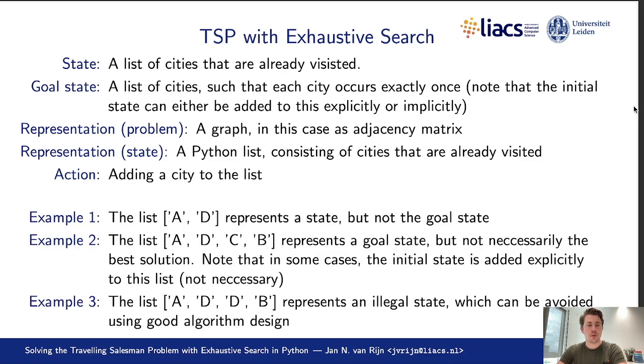Some examples of states that we will have. The list AD represents a valid state, but this is clearly not the goal state, because in this case we have only been in A and D. But the list ADCB represents a goal state, because we know now from A we want to go to D, from D we want to go to C, and from C we want to go to B. And from B then of course we want to go back to A, but we don't need to add this to the list, because we can do this implicitly.